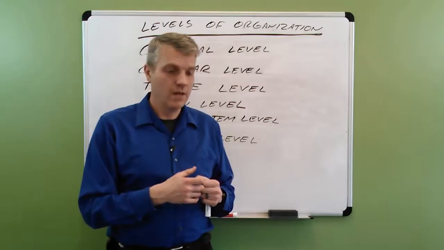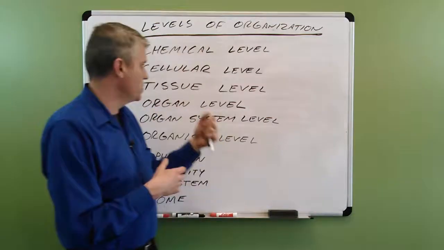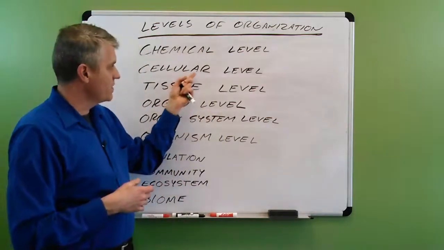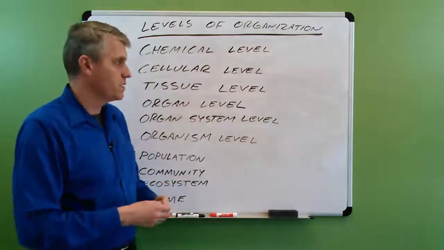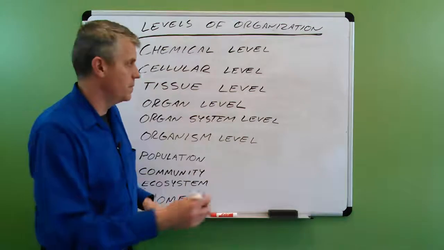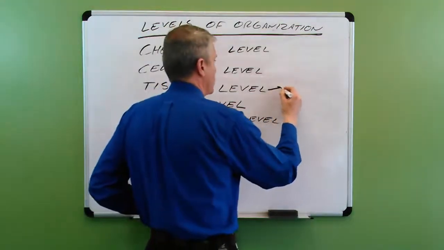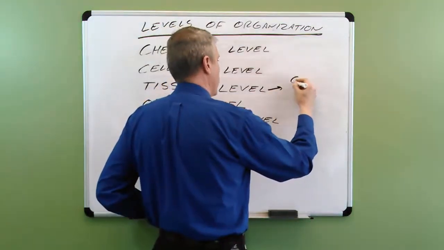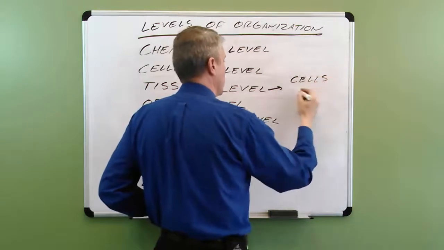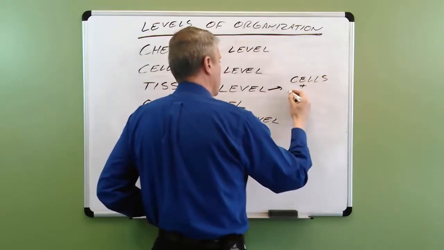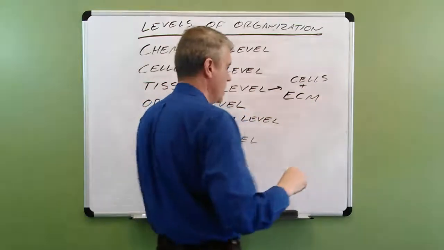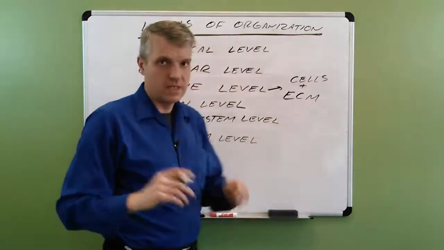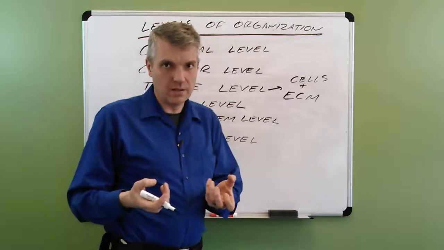That's why they're there. And the other thing about tissues is, yes, it's made up of cells. The tissue is made up of cells, but also it's made up of the extracellular matrix. So tissues are made up of cells, and I'm just going to put ECM, or extracellular matrix. Extracellular matrix is the stuff between the cells.